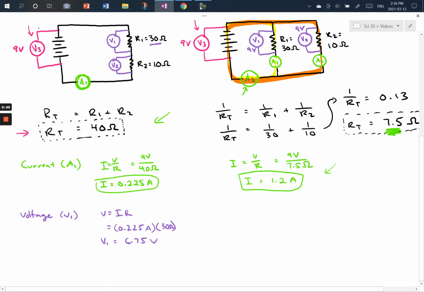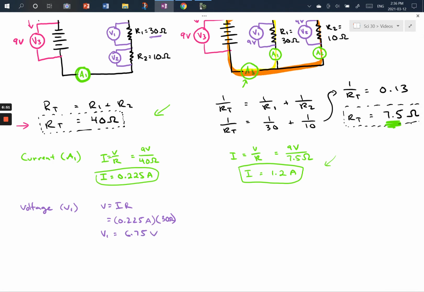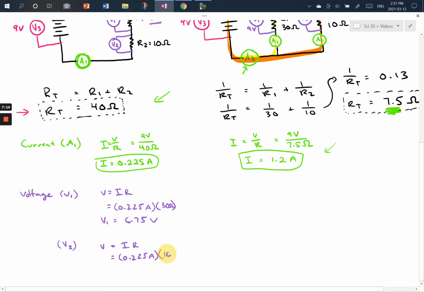volts. And then now I know that V2 is going to be 9 volts minus 6.75, so it's going to be 2.25. But let's check and see if I'm right. So for V2, V equals IR, we're going to use that 0.225 amps, and we're going to use 10 ohms this time because we're talking about this one up here.